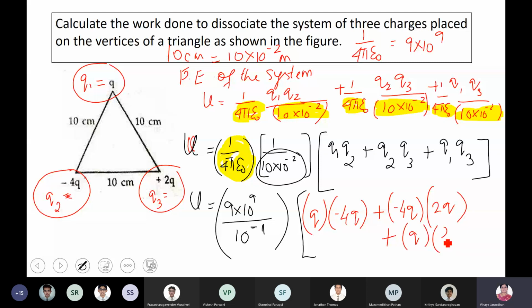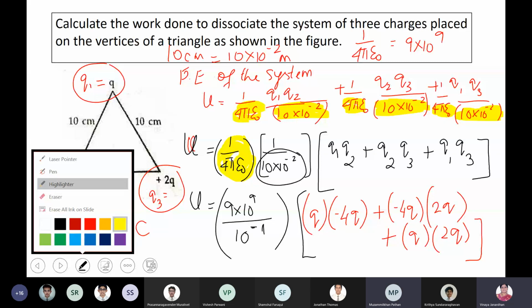I'll give you the value of Q. What is the value of Q? It's given in the question.